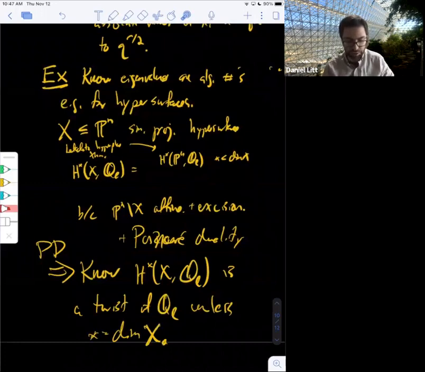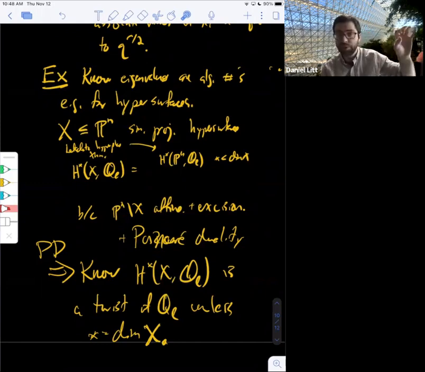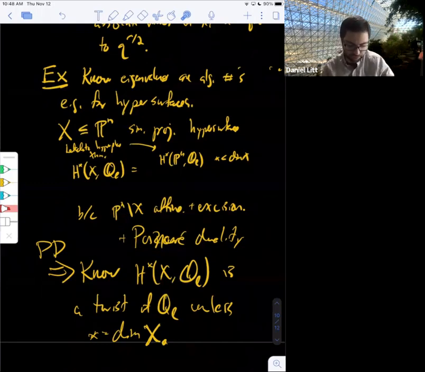We know that all the roots and poles of the zeta function of X are algebraic numbers, because the whole zeta function is an integral rational function. And the only thing that could contribute interesting eigenvalues is the middle cohomology. So that tells us that the middle cohomology has to have eigenvalues which are all algebraic numbers.